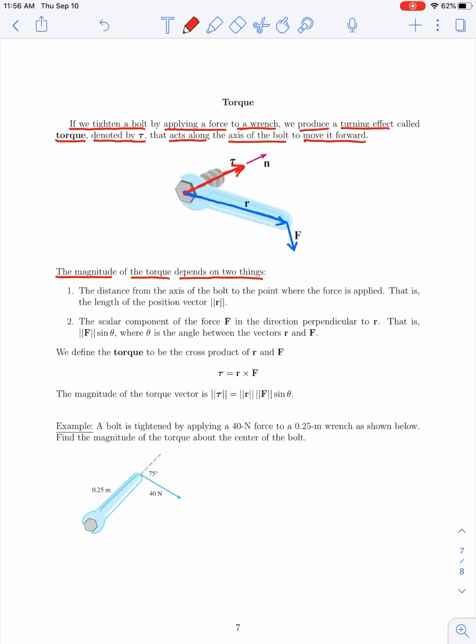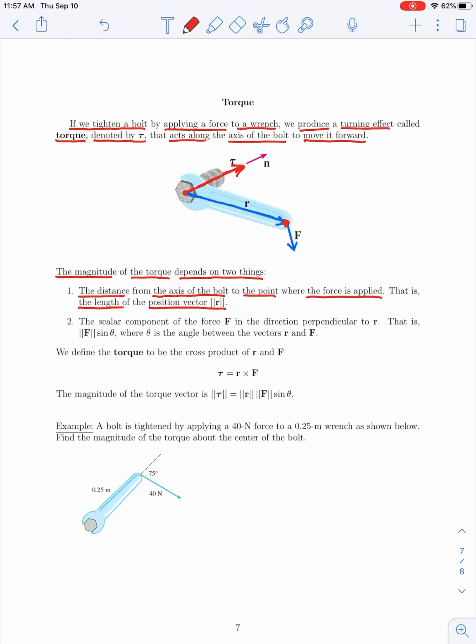The first is the distance from the axis of the bolt to the point where the force is applied. That is the length of our wrench, the distance from the axis of our bolt to the end of our wrench where this force is being applied. Here that would be the magnitude, or the length, of this position vector R.